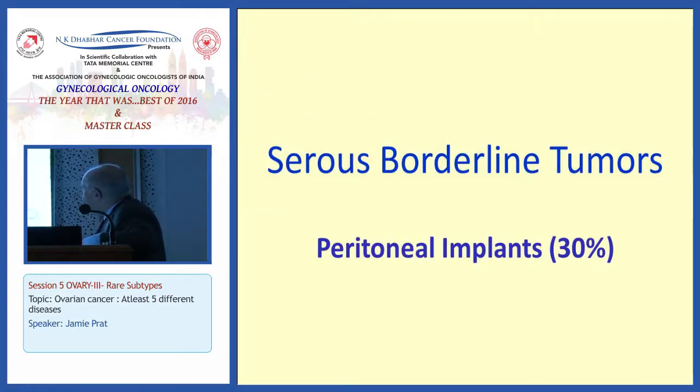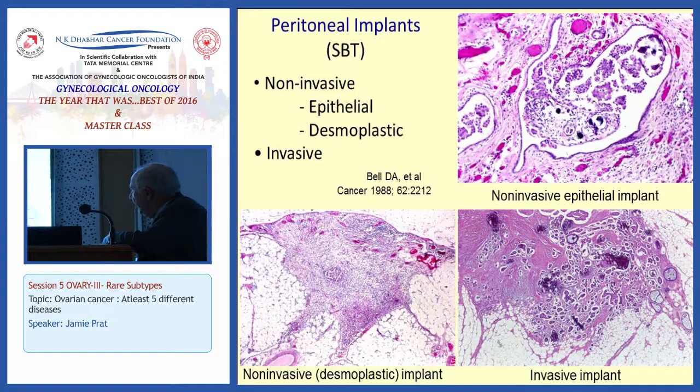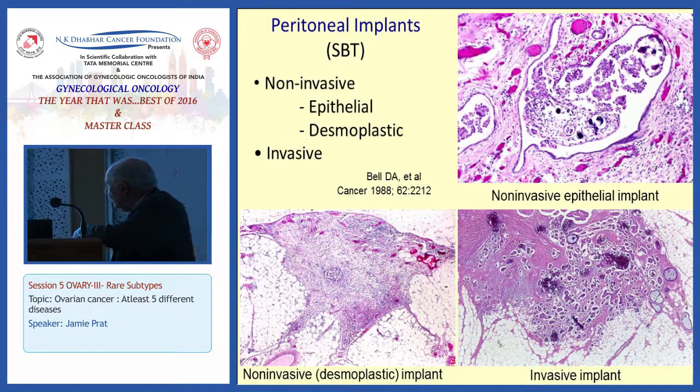You have a lesion like this, with a lot of epithelial cells running through the omentum. That's an invasive implant. Why? Because it's invading. A non-invasive implant doesn't invade. It's just within a peritoneal recession or between lobules of fat, but not invading, and with much fewer epithelial cells. Okay?